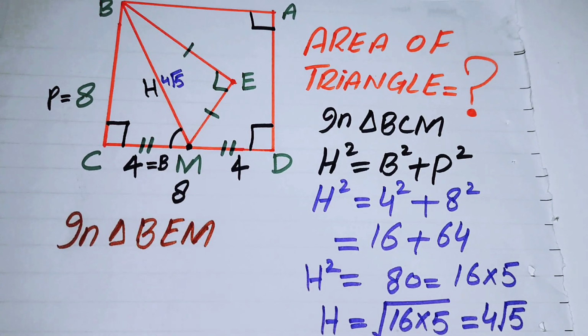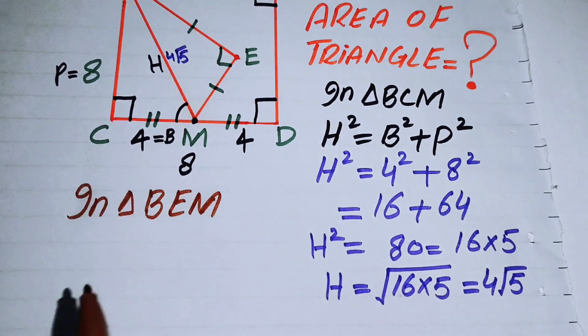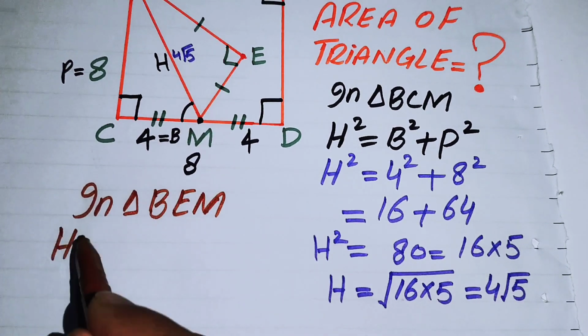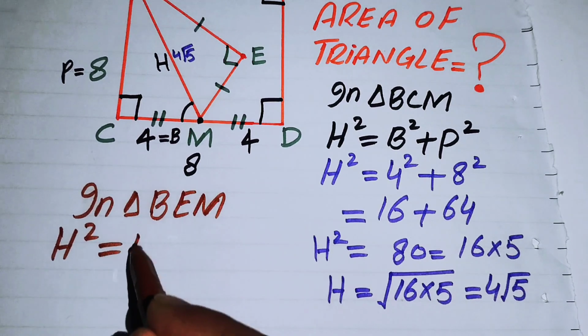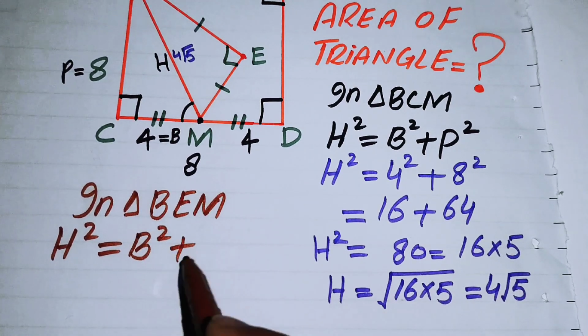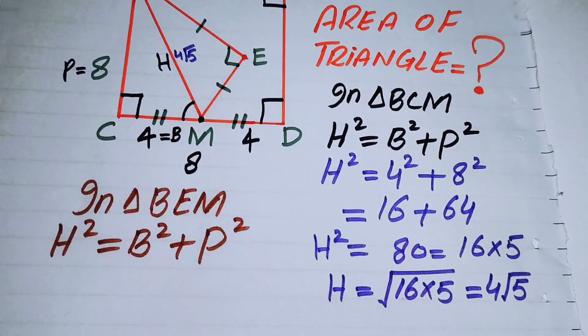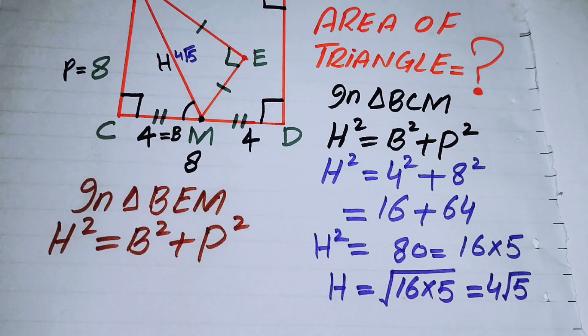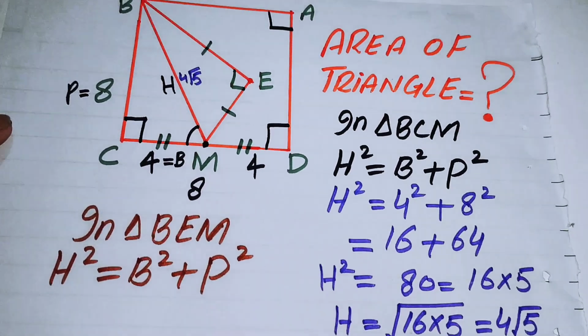So now we again use the Pythagorean theorem, and we write hypotenuse square equals base square plus perpendicular square. Now we substitute the values of hypotenuse, base, and perpendicular.